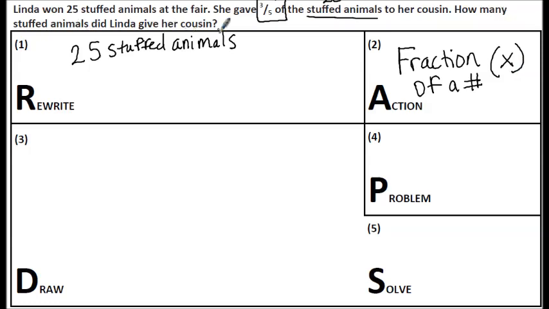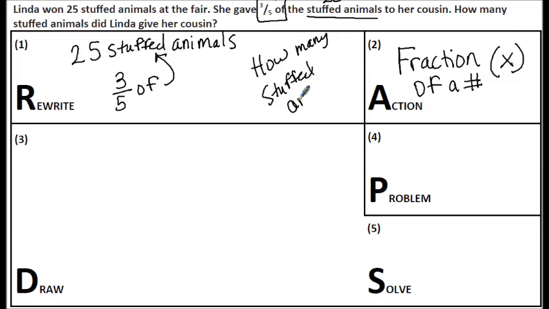And it's asking how many stuffed animals did Linda give to her cousin. So I want to take 3/5 of the 25 stuffed animals, and I want to know how many stuffed animals that is. So I want to know how many Linda gave to her cousin.